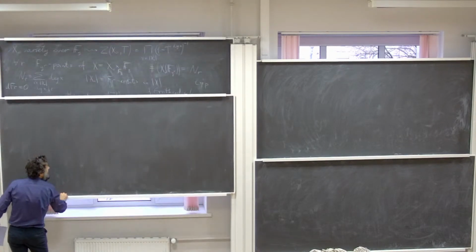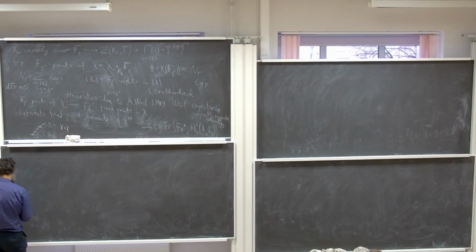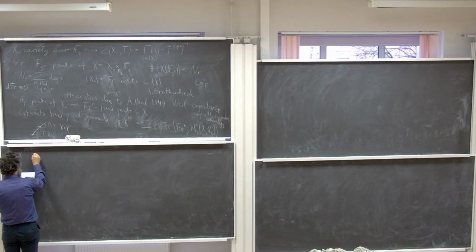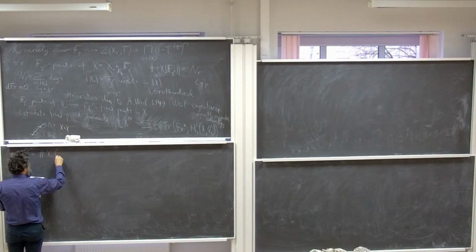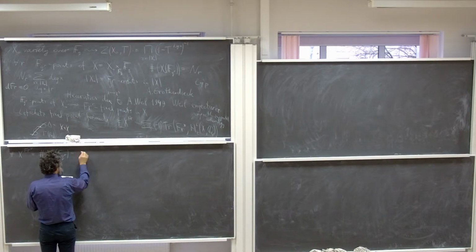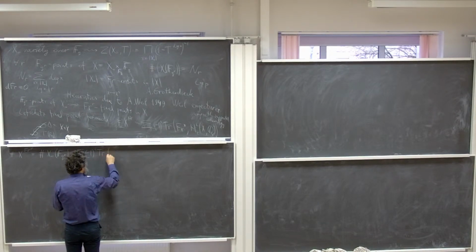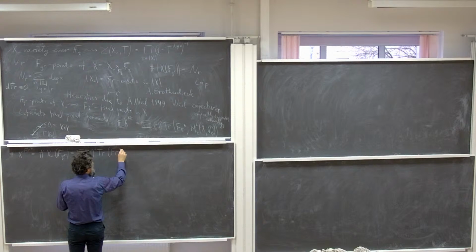Okay, we have this formula. And now let us rewrite it once again. The number of fixed points of Frobenius to the r, which is the same as the number of points of X naught with coefficients in F_q to the power r, is the alternating sum of traces of Frobenius star to the power r.